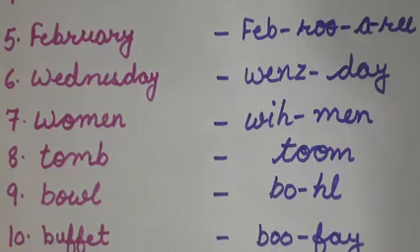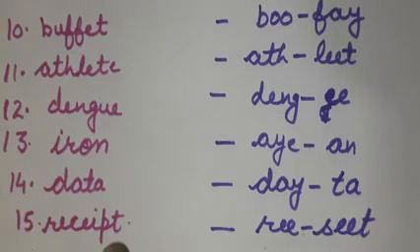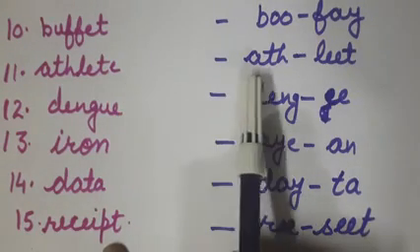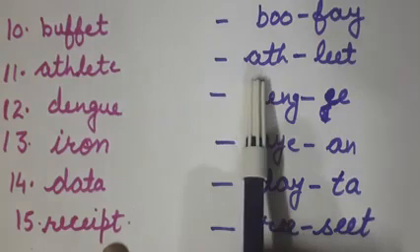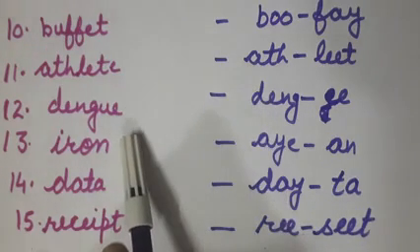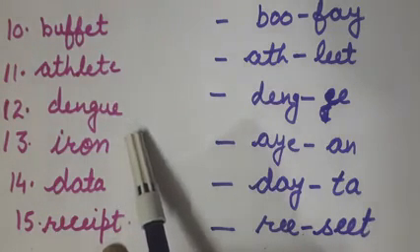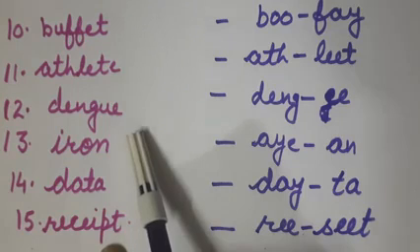Now let's proceed to the 11th word. Our 11th word is athlete. It is athlete. Now the 12th word is, most of the people pronounce it wrong, dengue. That is wrong.